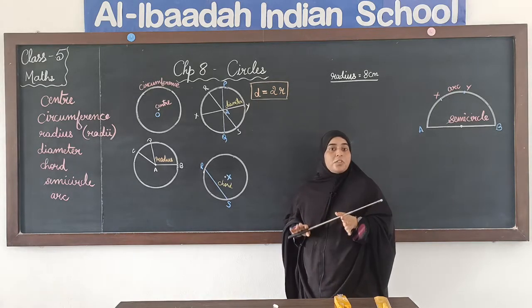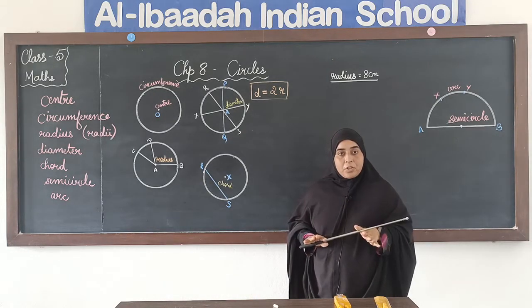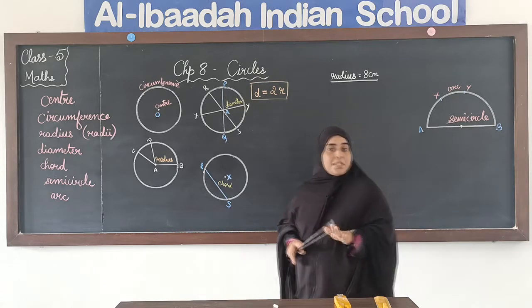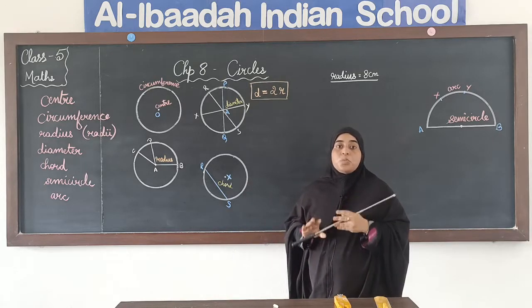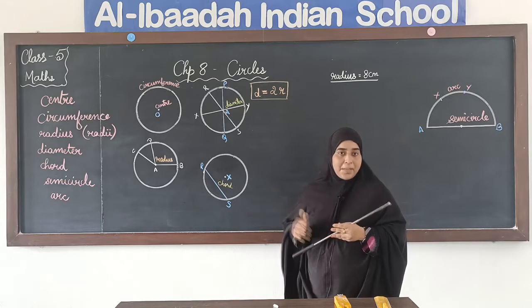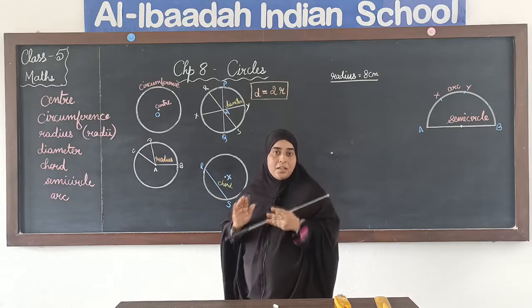The difference between the chord and a diameter is, diameter is also a type of a chord because it is touching two points on the circumference, but it becomes a special type of a chord because it passes through the center of the circle. Okay, that's why it is a special type of a chord. So we have given a different name to that line.